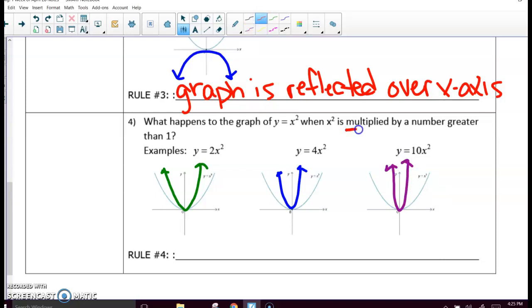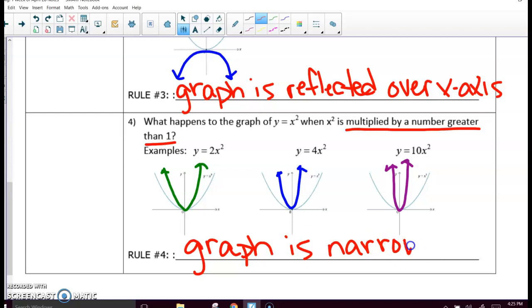So when it is multiplied by a number greater than 1, our graph is narrower. Let's turn the page.